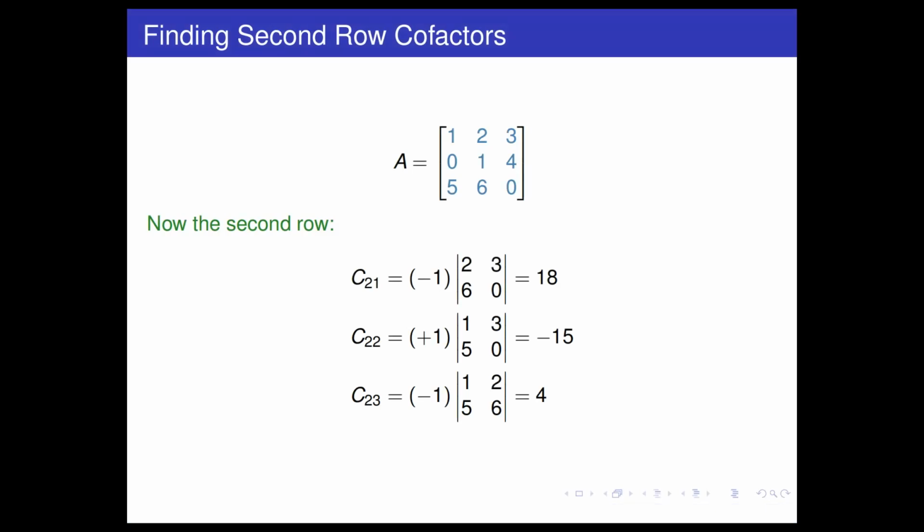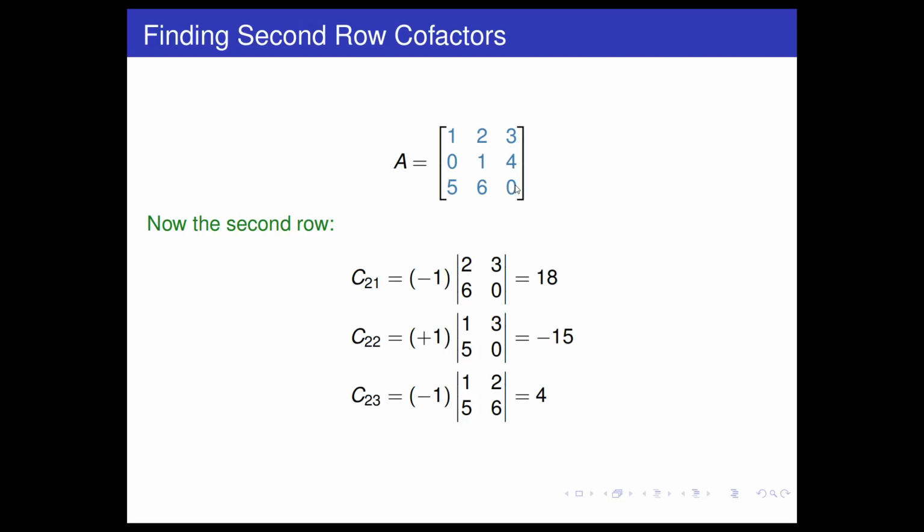Similarly second row, so we'll get C21, that will be minus 1 times the determinant of 2, 3, 6, 0. So we remove the second row and first column, so 2, 3, 6, 0, that will be 18.